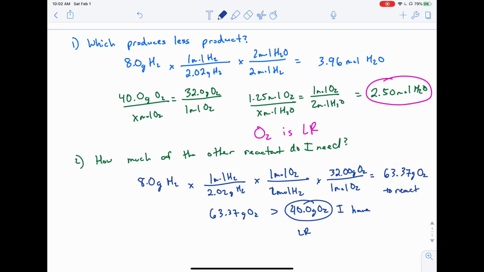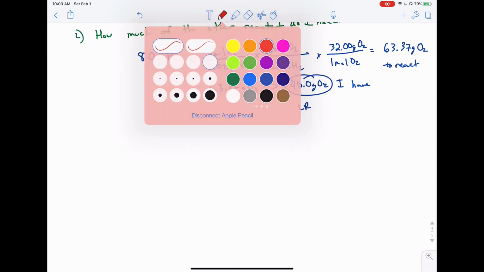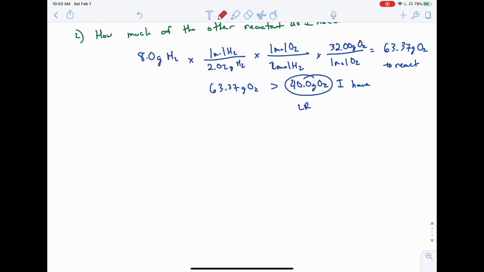Okay, now there is another way to do it that is kind of the ICE chart, but also kind of just conceptual. And so we'll do it in ICE chart form because I think this will help explain it.